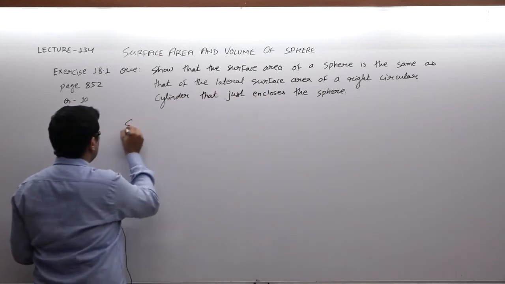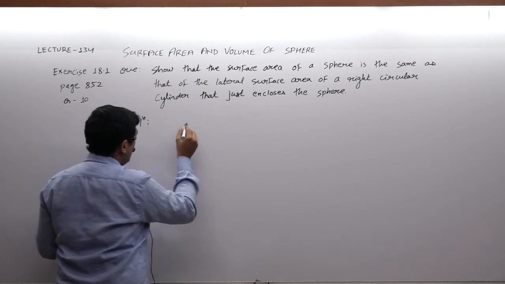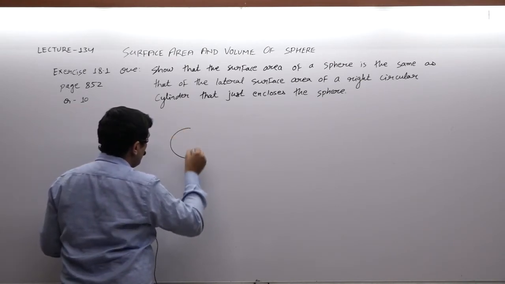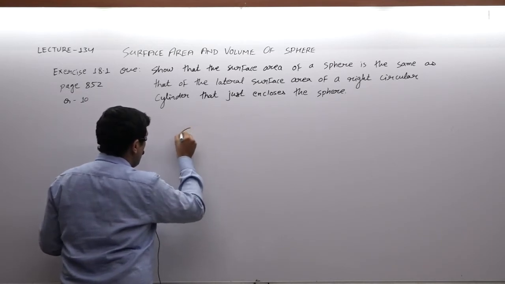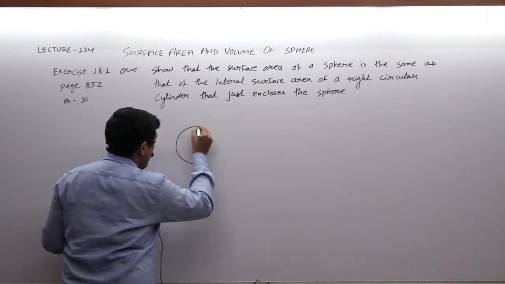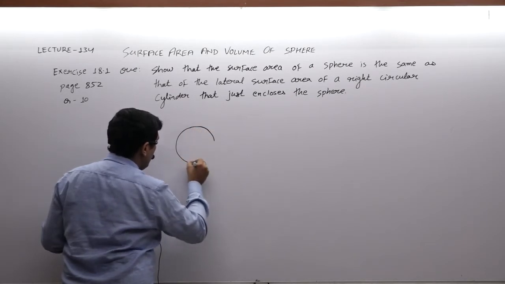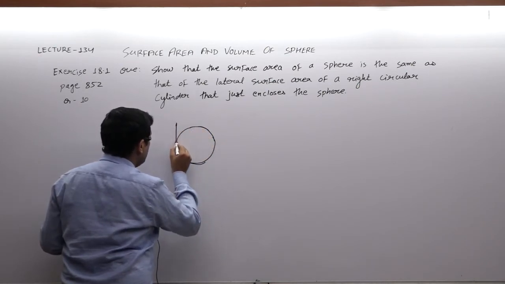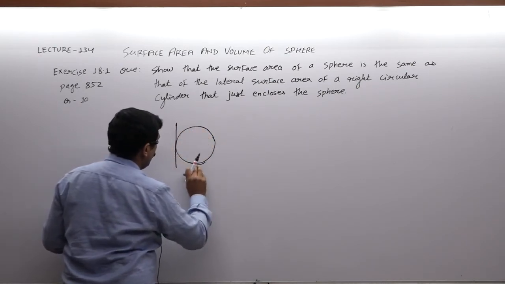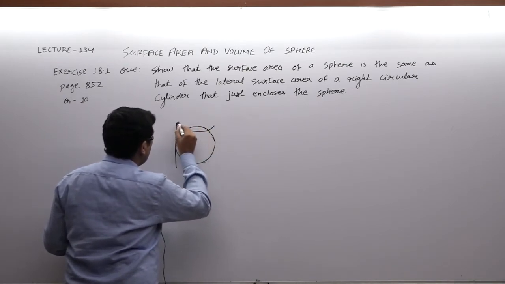That means we have something like this, a sphere, suppose. Now there is a cylinder which just encloses it. That means that sphere just exactly fits in it.